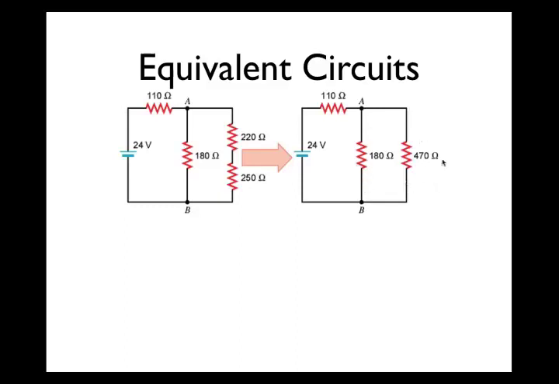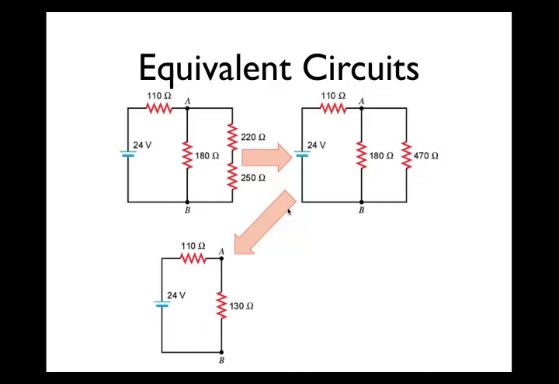So I add those up using the inverse rule, and I haven't shown this on this slide, but I've shown similar calculations elsewhere. I would add 1 over 180 plus 1 over 470 and get a result, and then the inverse of that result is about 130 ohms of resistance. So we've now simplified from 4 total resistors down to 2 total resistors.